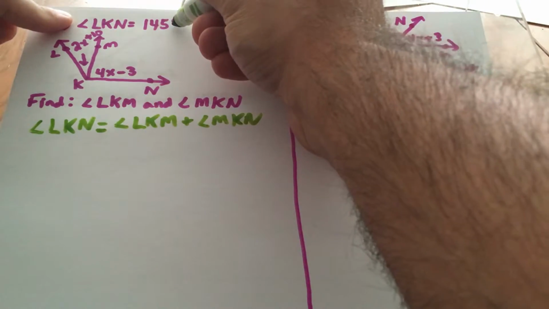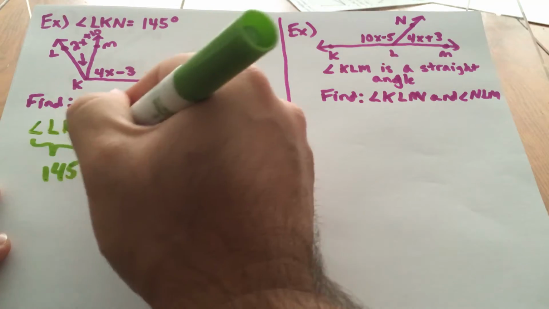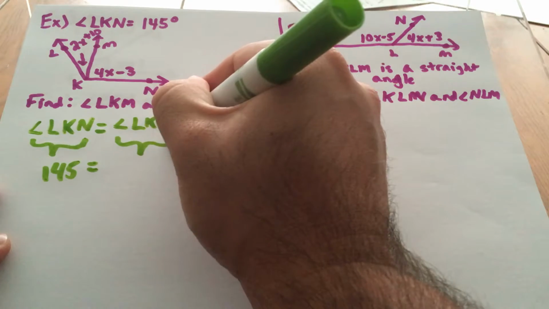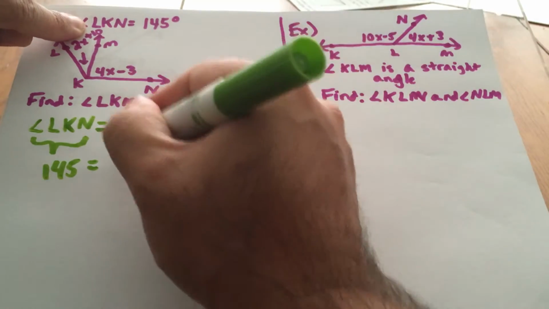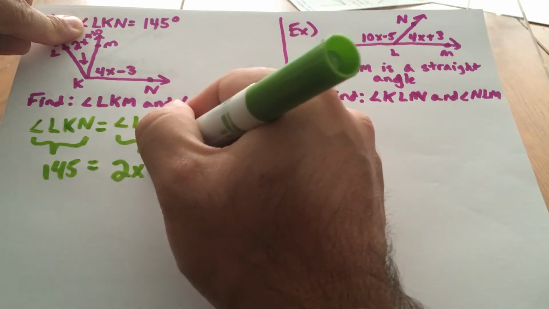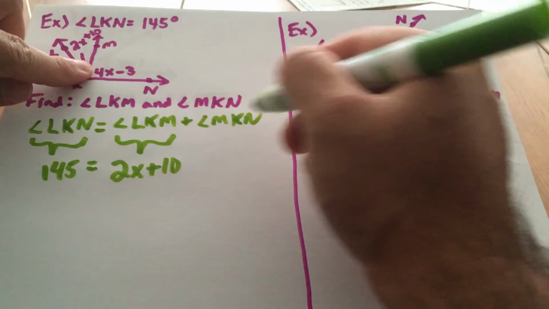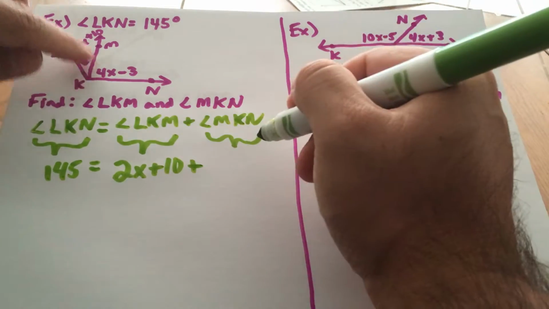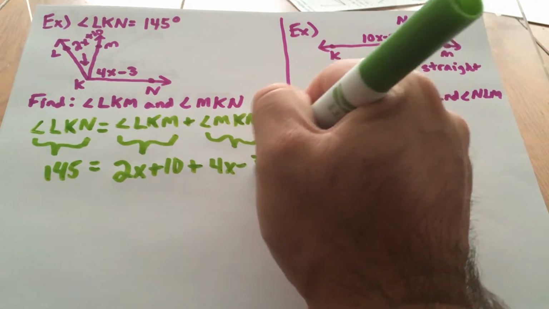They give us in the problem angle LKN is equal to 145, so let's replace that with 145. They tell us in the problem that the angle LKM, this angle right here, is equal to 2x plus 10. So that's 2x plus 10. And then plus angle MKN, which is equal to 4x minus 3.